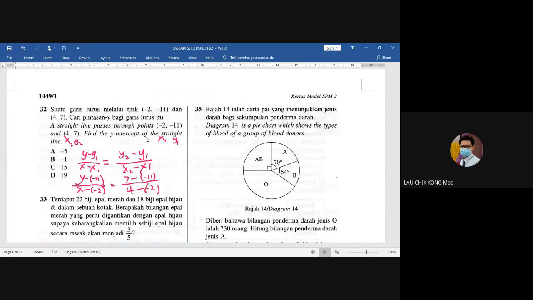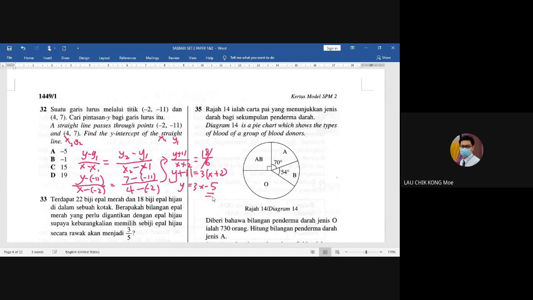Okay, so after this I will get, saya tulis di sini lah, y plus 11 over x plus 2 equals 18 over 6, and y plus 11 will be equal to 3 times x plus 2, and then we try to simplify. y equals to 3x plus 6 minus 11, minus 5.